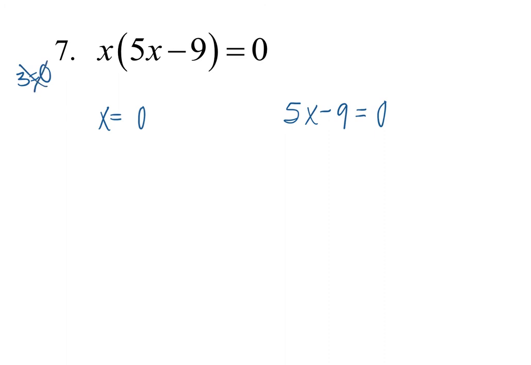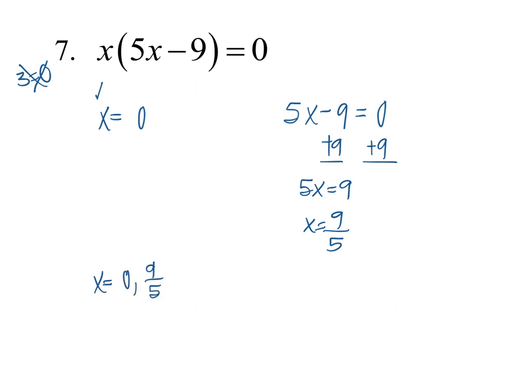But a variable x can equal 0. So this answer right here is good. And over here, 5x minus 9, you're going to add the 9 to both sides. 5x equals 9, so x equals 9 over 5. Our two answers are 0 and 9 over 5.